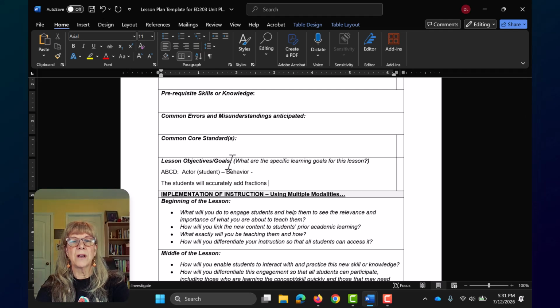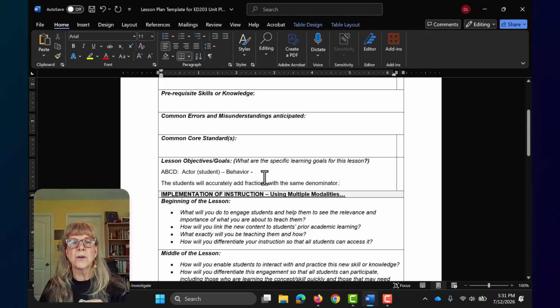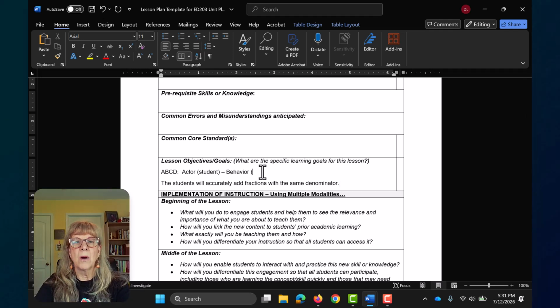Let's be specific here: add fractions with the same denominator. Yeah, that's all you have to do. And so the behavior is what the students will do.